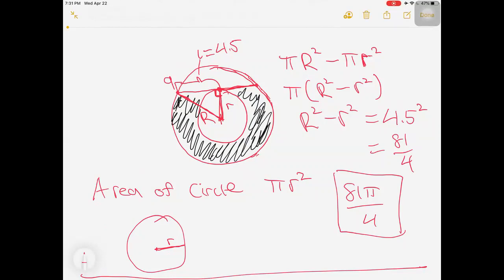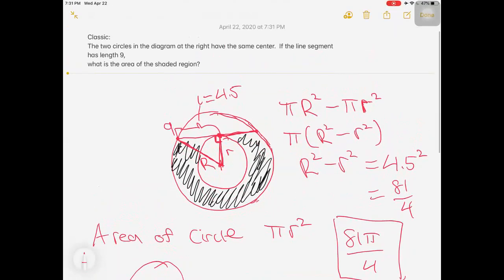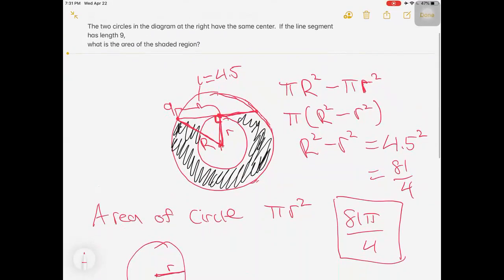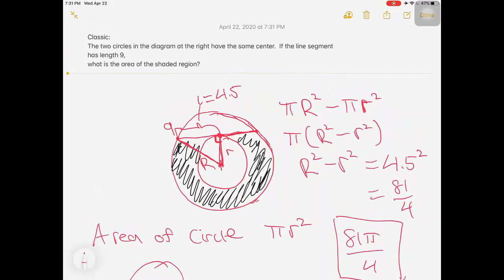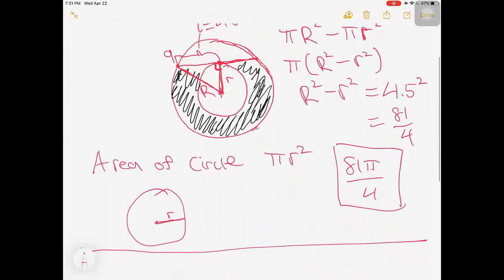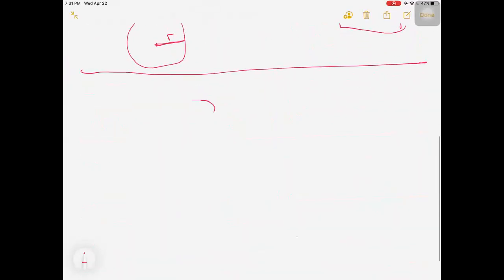Okay. There's also a small trick you can do for this question. I wouldn't recommend doing this trick unless you're confident that it works. So this question never tells us the radius of the smaller inside circle. So what we can also do, we can assume the smaller circle has radius 0. So we can just pretend the smaller circle doesn't really exist.